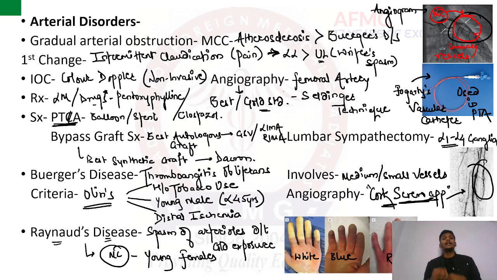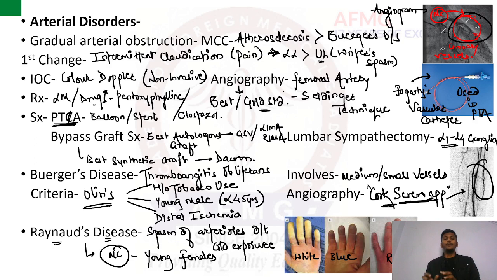Important. Then it will further progress usually to pre-gangrene, when color changes start to develop over the skin of the affected part. These color changes are due to ischemia, so there would be pallor, or if there is cyanosis, then there would be bluish discoloration. After pre-gangrene, it can further progress to critical limb ischemia.